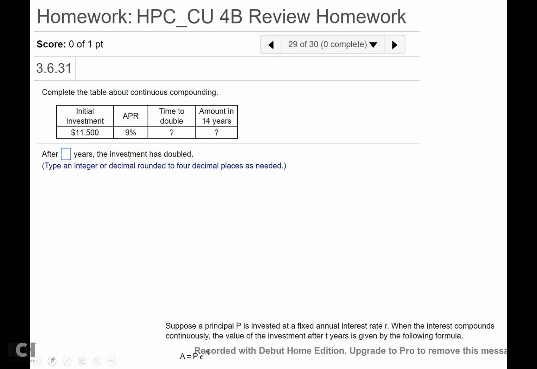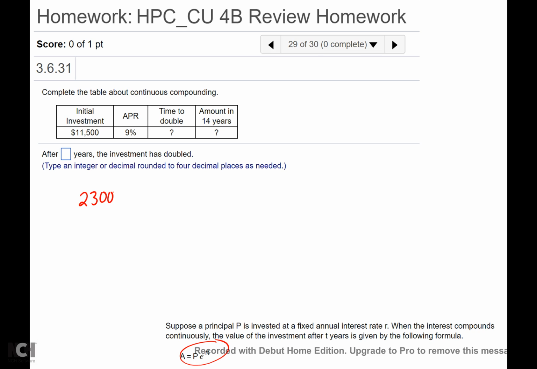Alright, it says complete the table about continuous compounding. Continuous compounding is a PERT. So it says the amount in 14 years, or wait, they want me to double it. So if I take 11.5 and double it, I get 23,000.